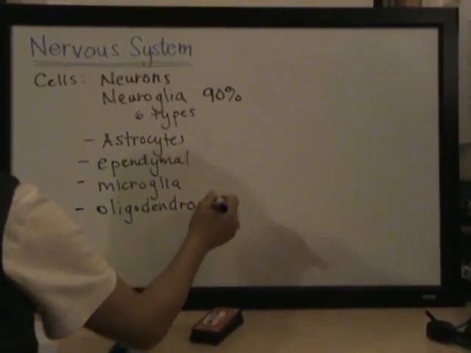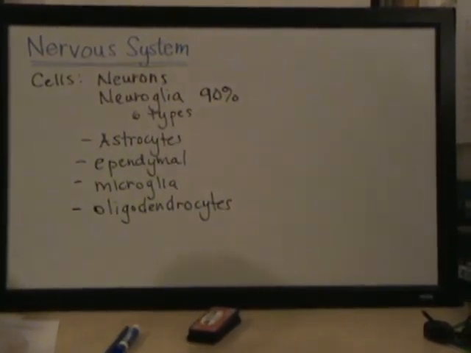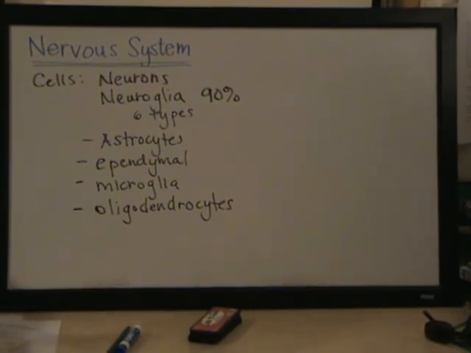There are other types, the neurolemmacytes and the satellite cells, which are found in the peripheral nervous system. These are the glial cells found within the central nervous system.